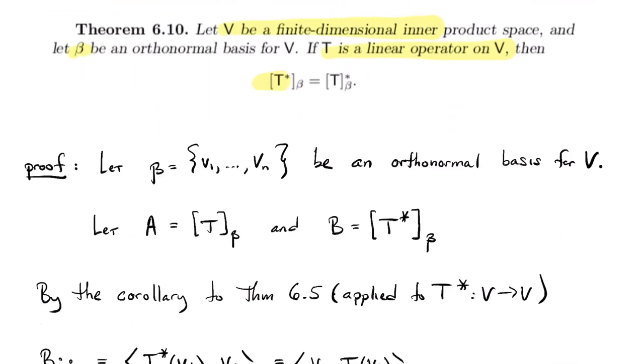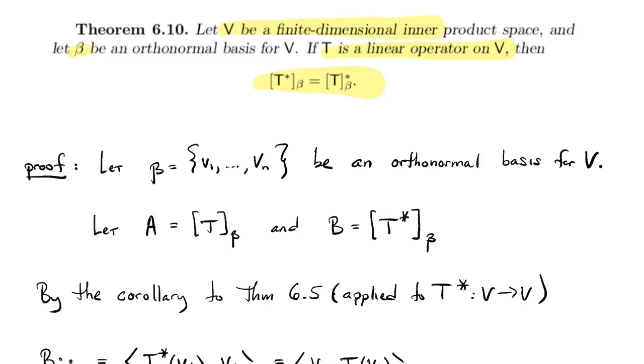This equation says that the matrix of the operator T star in the basis beta is the adjoint of the matrix of the operator T in the basis beta. Make sure you understand what that equation is saying: the adjoint of a certain matrix is the matrix of the adjoint operator. We have an adjoint operator and an adjoint matrix, and this theorem is relating them.